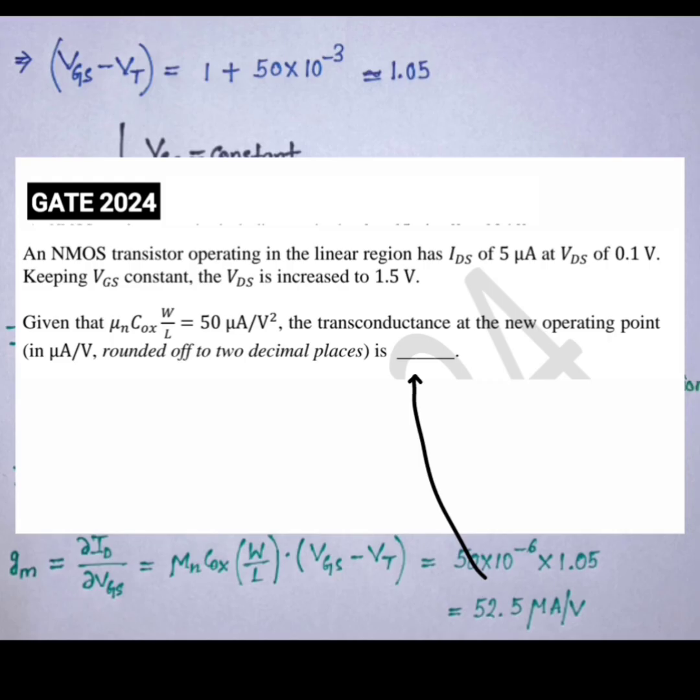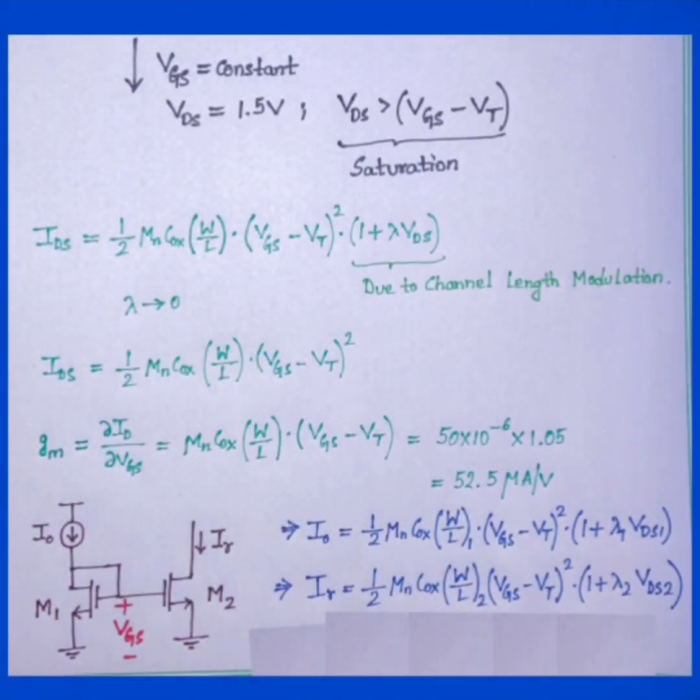Now, earlier I had already discussed with you that there was a 1 plus lambda VDS term. Now let's discuss how this 1 plus lambda VDS term is going to create trouble for you.